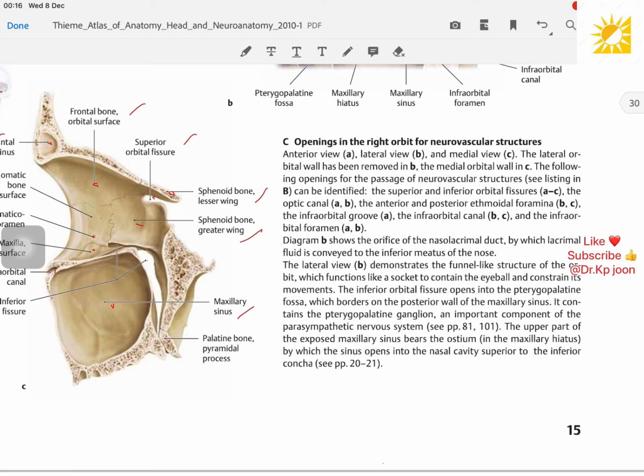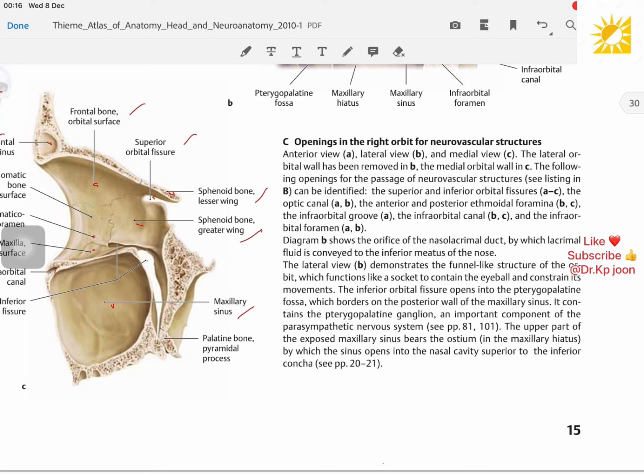The lateral view B demonstrates the funnel-like structure of the orbit, which functions like a socket to contain the eyeball and constrain its movements. The inferior orbital fissure opens into the pterygopalatine fossa, which borders on the posterior wall of the maxillary sinus.